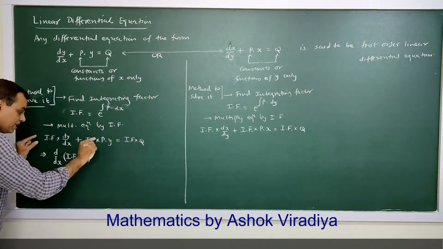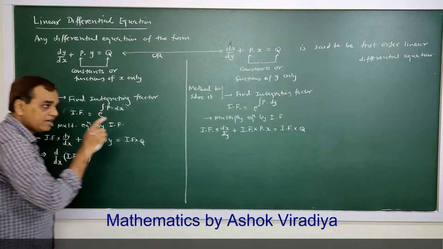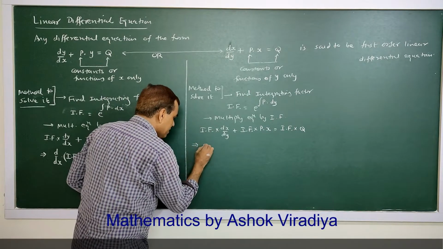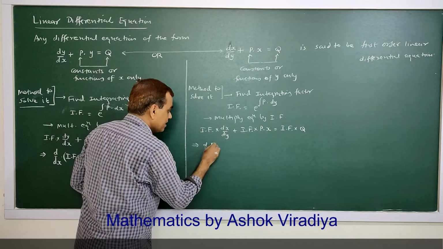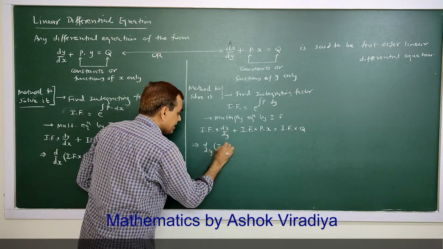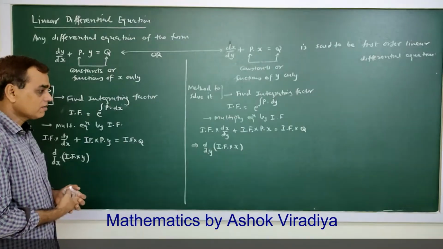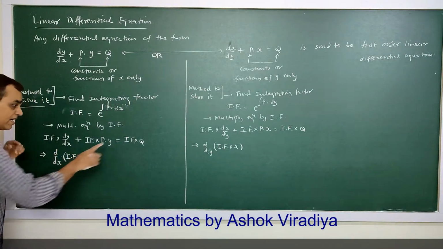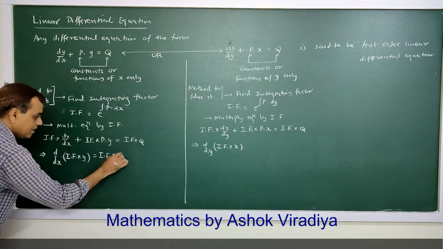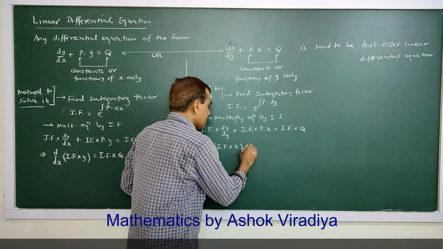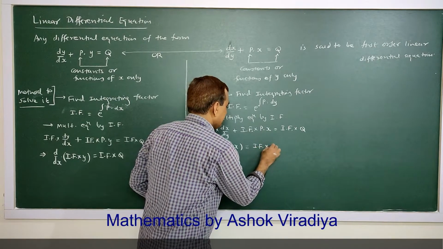Here the left hand side will always be d by dy of integrating factor into x. And the RHS we keep as it is, integrating factor into q.